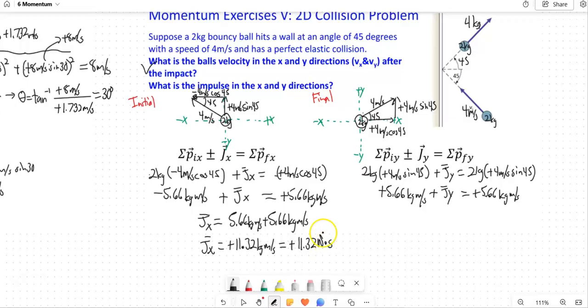So if we knew the period of time of that impulse, which would be like a very small number, like 0.001 or 0.0001, we could figure out the force.